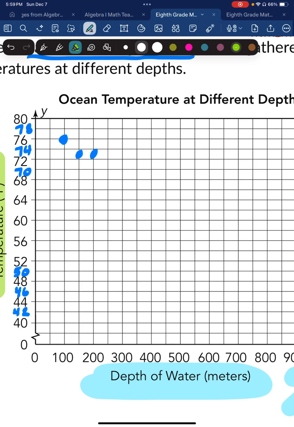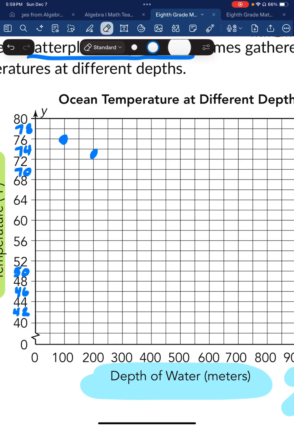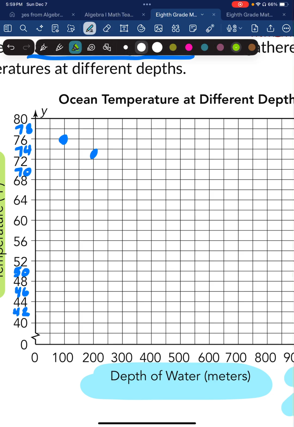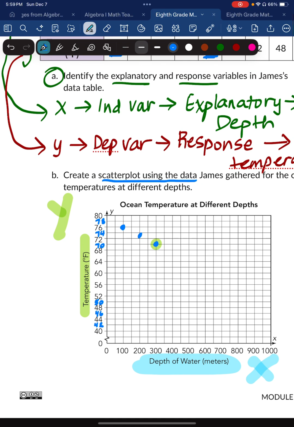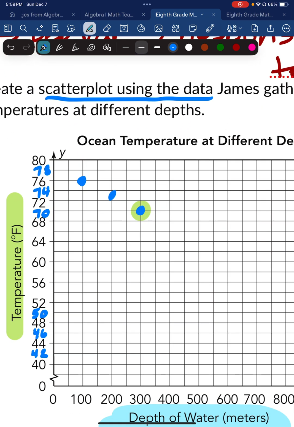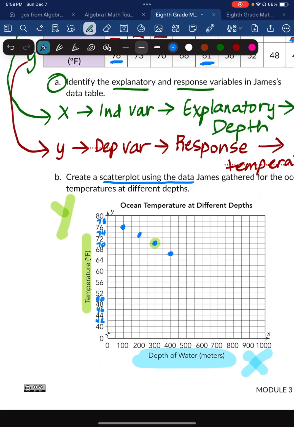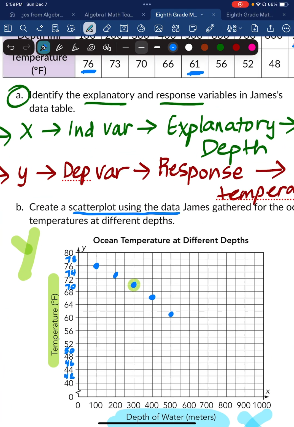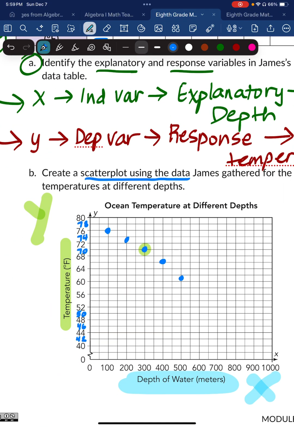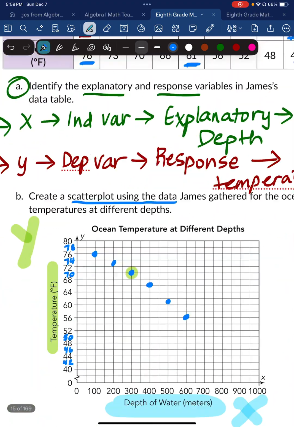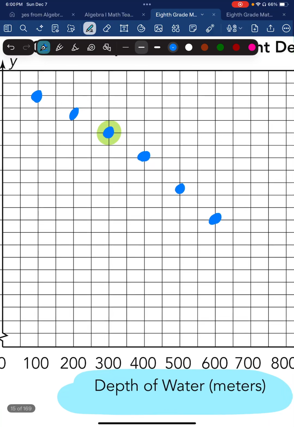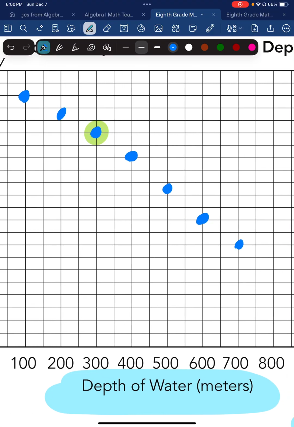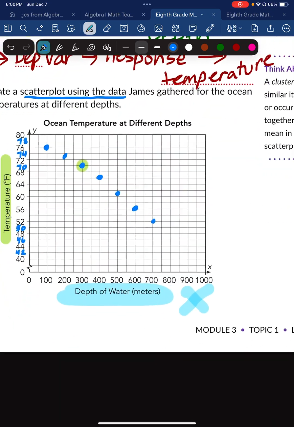Let me erase. 300 feet is 70. 400 feet is 66. 500 feet is 61. 600 feet is 56. 700 feet is 52. 800 is 48.